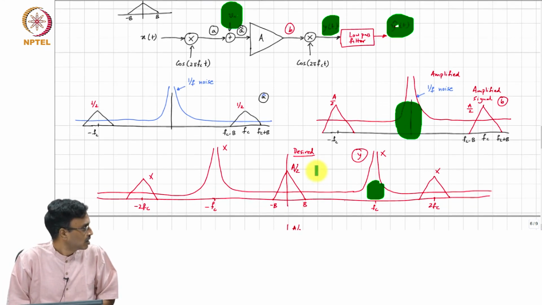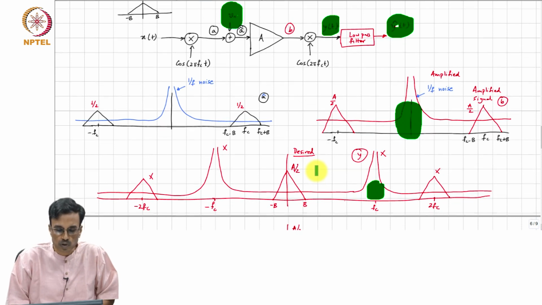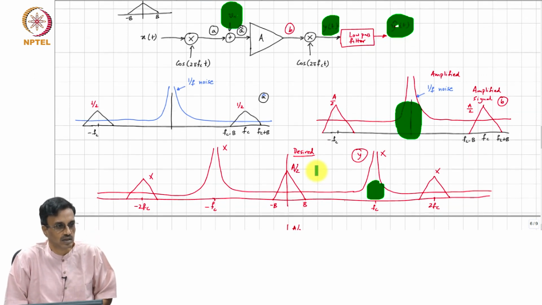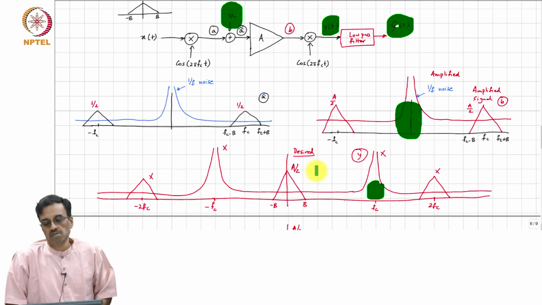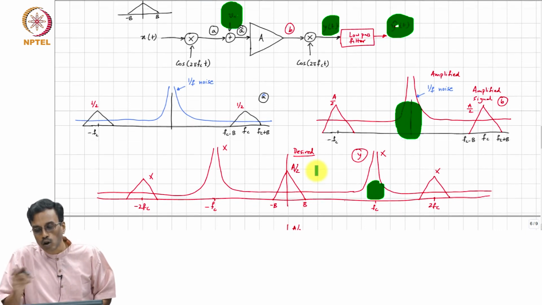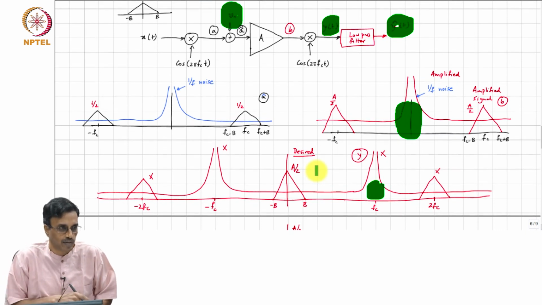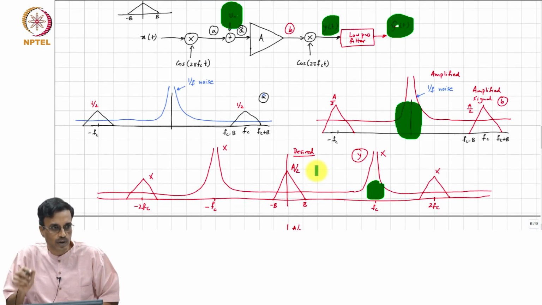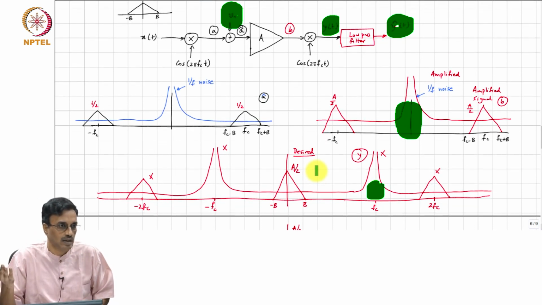So we have two inputs here actually, x of t and Vn, and we would like to find what all components of Vn and x of t can potentially translate to low frequency or to DC at the output.